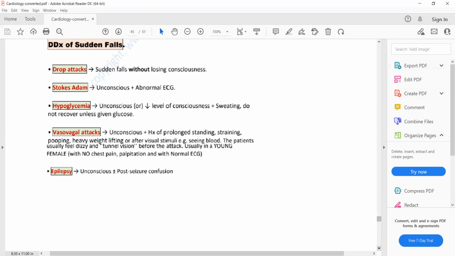What can cause vasovagal attacks? There will be a history of prolonged standing, straining or pooping, or heavy weight lifting, or after visual stimuli such as seeing blood.